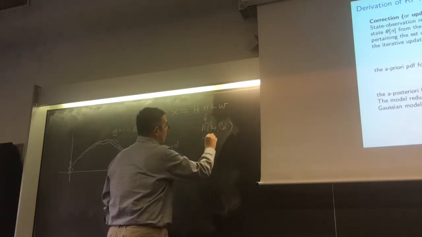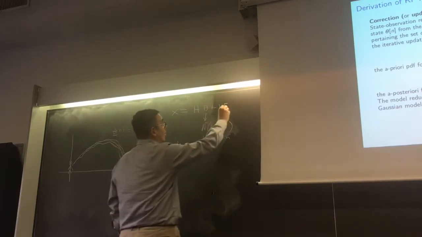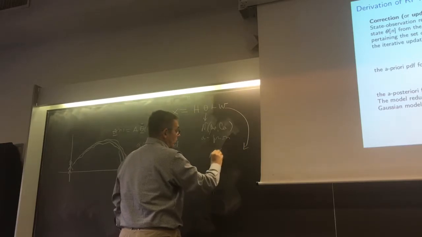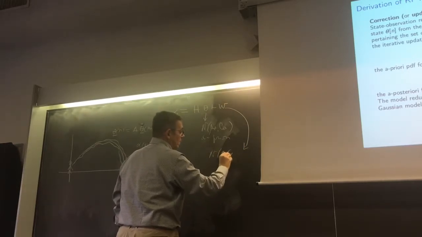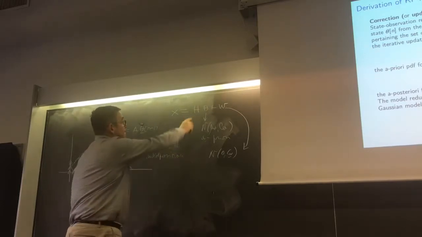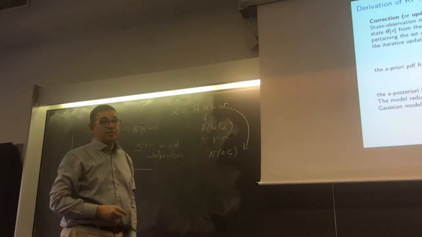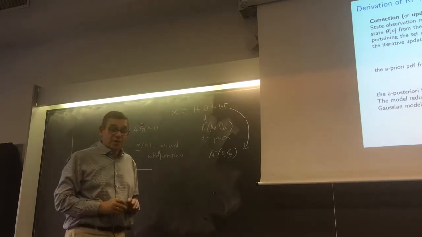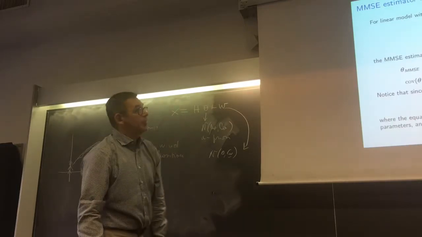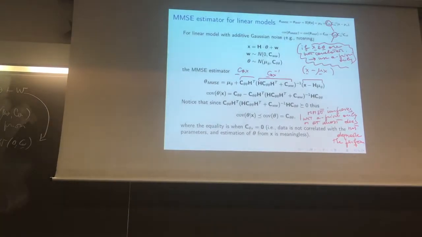This is the a priori information. I know about W, that is normal with a certain mean and a certain covariance. This is known, so once I get the measurement, I can get the data. This is what you are supposed to know.